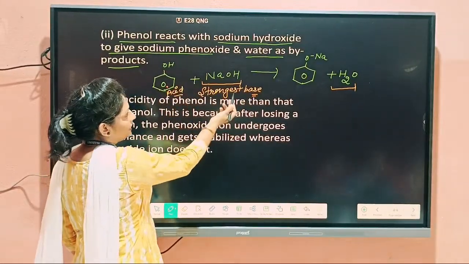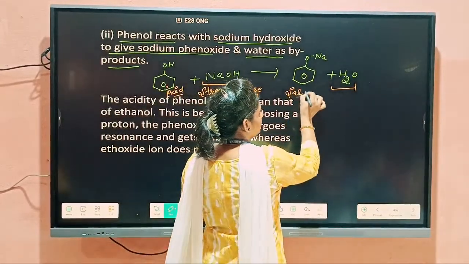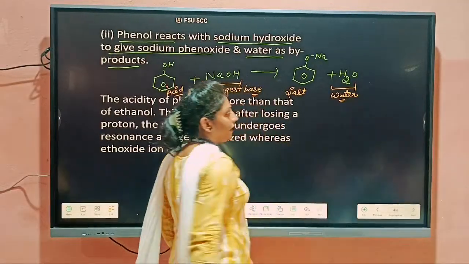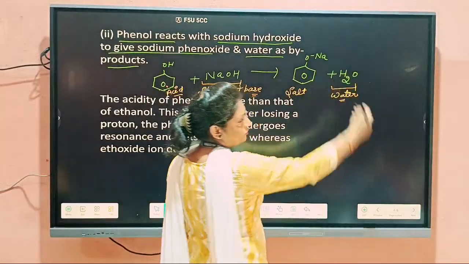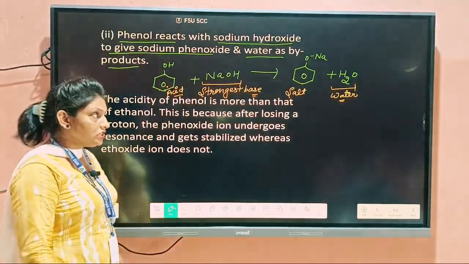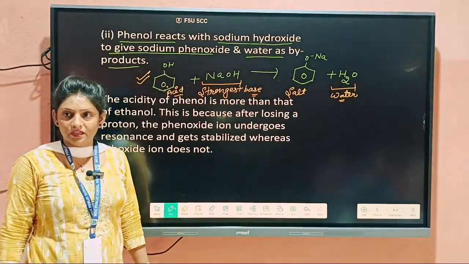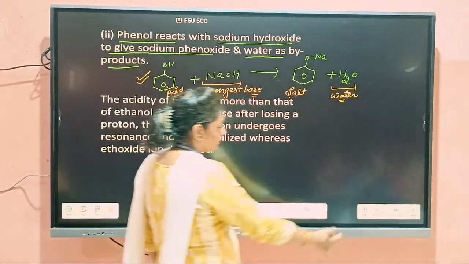Because when an acid and a base react with each other, they form salt plus water. After reacting with a base, it is giving us water and salt. So this shows that phenol is acidic in character. It is clear to you or not? Yes, students.